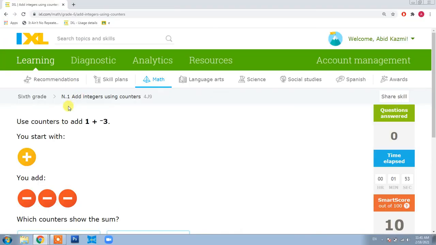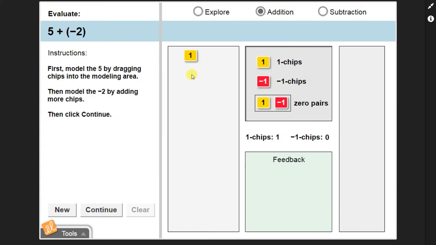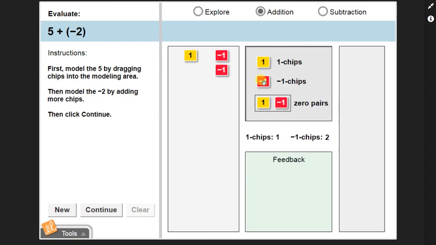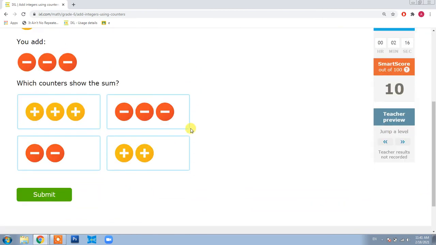Okay, so you have +1, so you need to take one positive counter, and then -3, so that means you need to take three negative counters, right? Now you can cancel out a zero pair, so you are left with two negative counters. So which is the right answer? Two negative counters. This is the right answer.